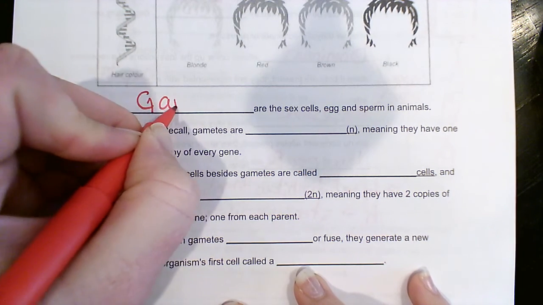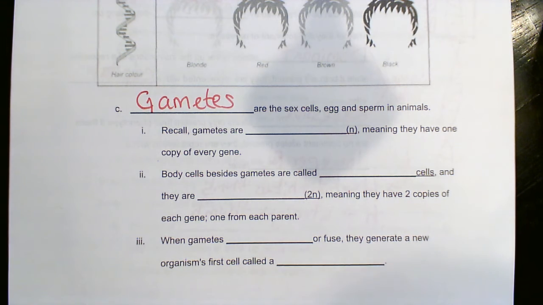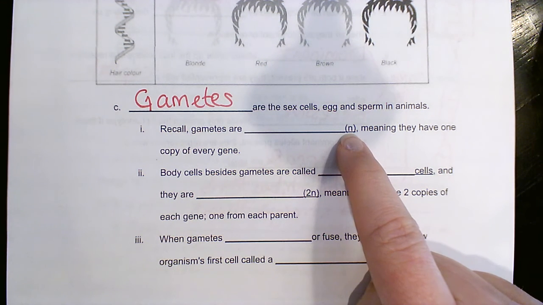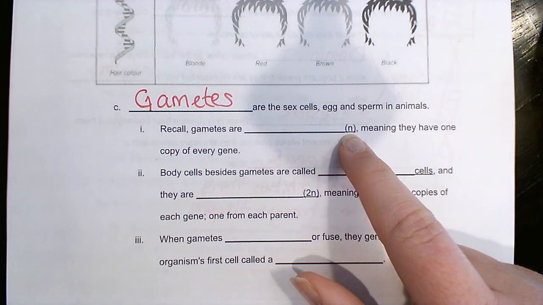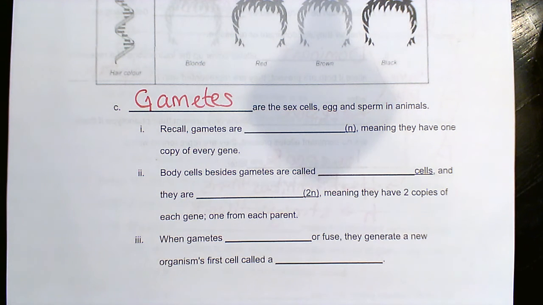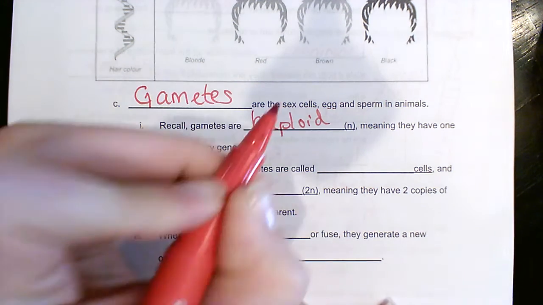All right, so quick rehash here. Sex cells, those are the gametes. And remember, gametes have only one copy of a gene, and we represent this with just an N. N is like for the number of sets of information. They have one set of information, which is half the amount normal cells have. So those are haploid.